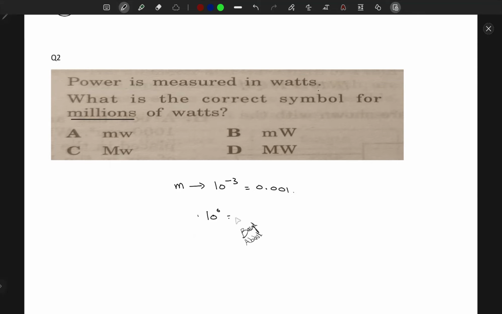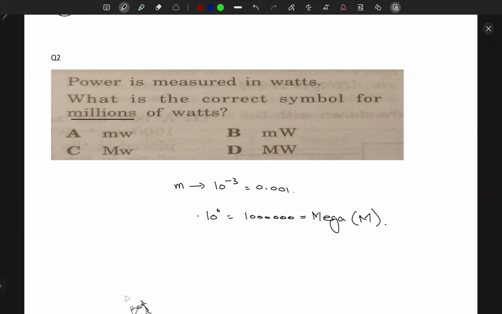Because what is 1 million? 1 with 6 zeros. What is the prefix used to denote a number which has 6 zeros? It's mega with a capital M, right?